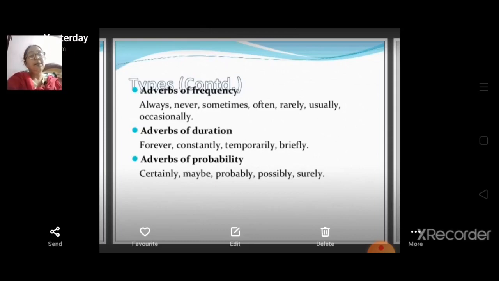So whenever we have to show the certainty or uncertainty of an action, we use these types of adverbs.